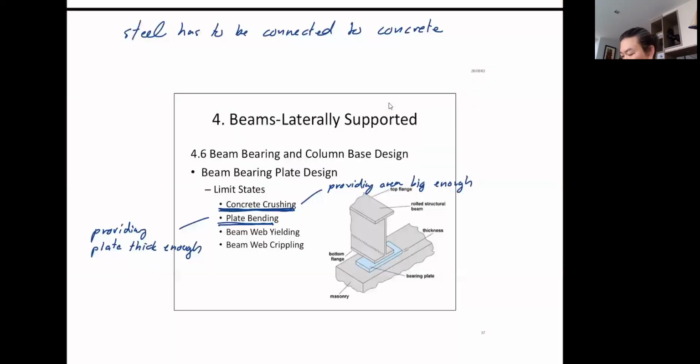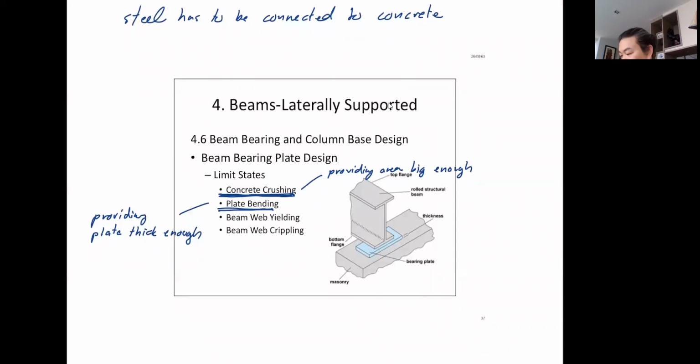Okay, so there's another issue. Instead of the column base plate, let's say we have a structure that looks like this in the picture. In case you want to put your beam on the concrete, you must have the base plate as well to help adjust the level. And you have to design the concrete to be big enough so that concrete crushing will not occur underneath the reaction from the beam.